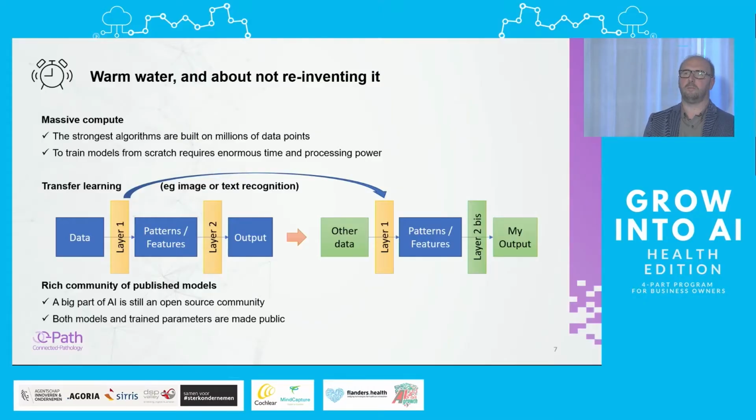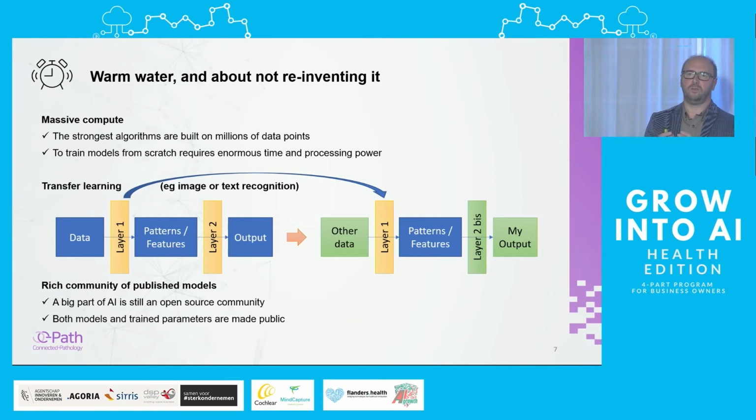There's a very nice principle in AI called transfer learning. What it does is take an existing model that has been learned on large amounts of data, where the data first has been converted into patterns and features of the data, and those features are then used to lead to an output or a decision. And the nice thing is that you can reuse that first layer.